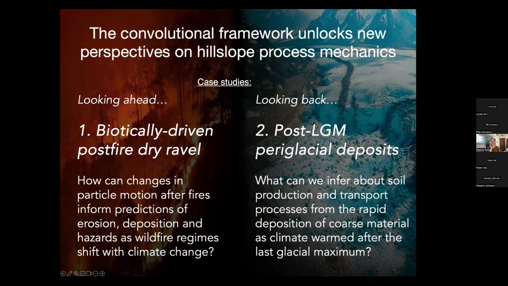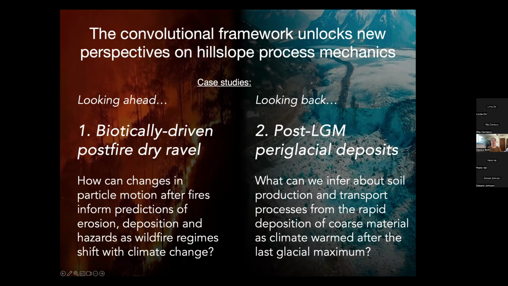And then we'll go to some coarse periglacial deposits following the last glacial maximum, where we'll look at some approaches to forward modeling the full convolutional flux to investigate potential changes in soil production and transport as climate warmed after glaciation.